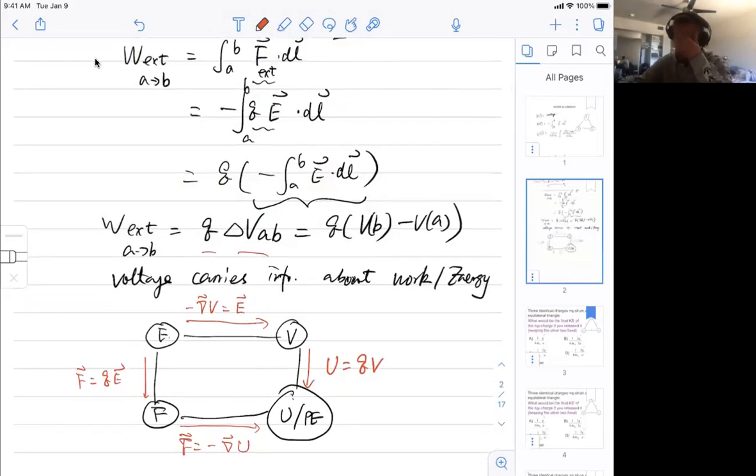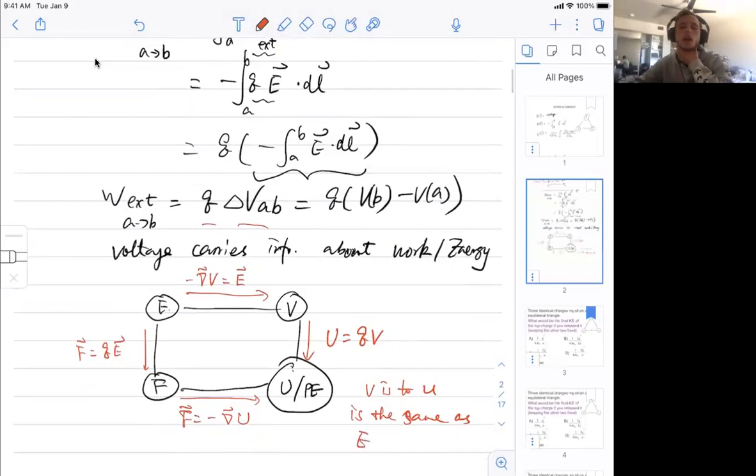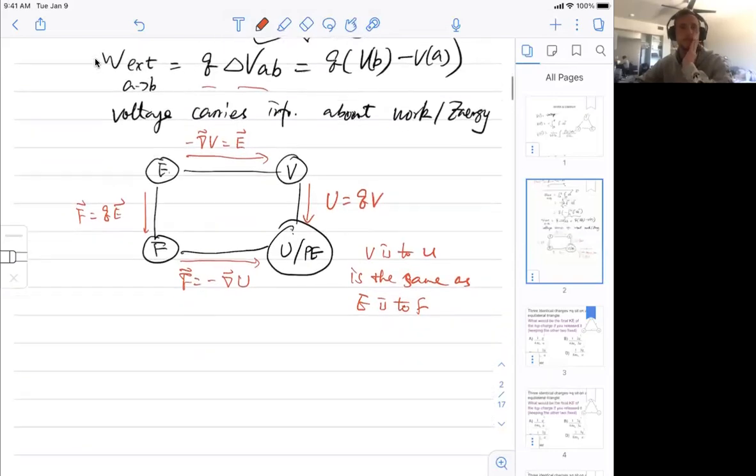So you can see that V is to U as E is to F, if that helps you to remember the relationship between these different quantities. That's just a little reorganization of the knowledge we talked about.